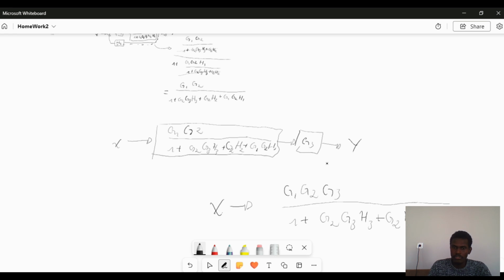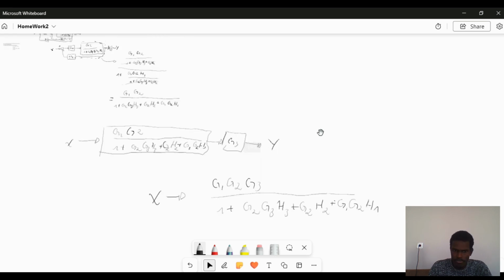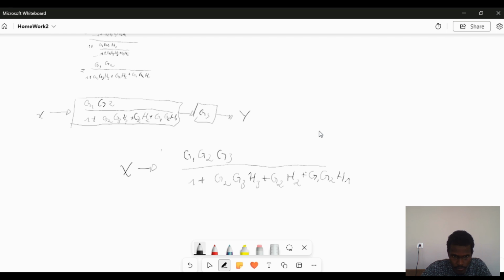And this is the simplified model of our block diagram.